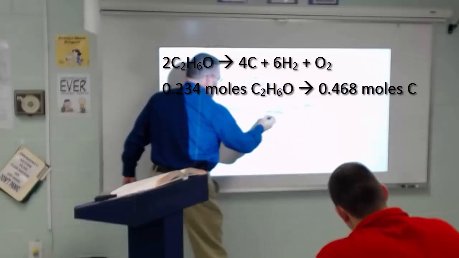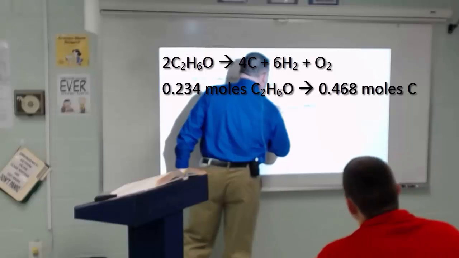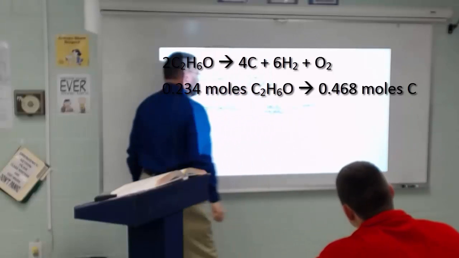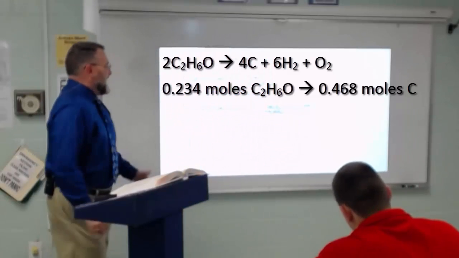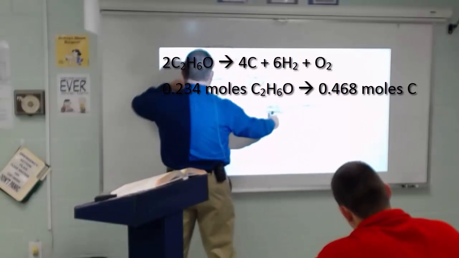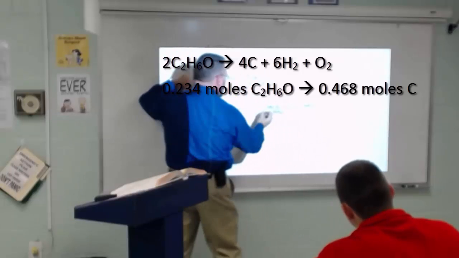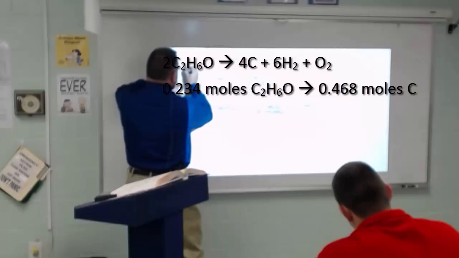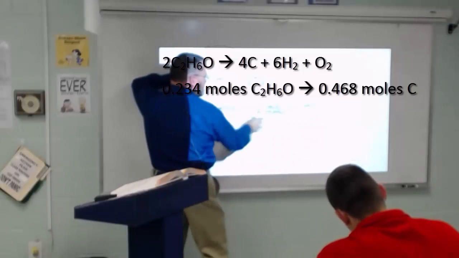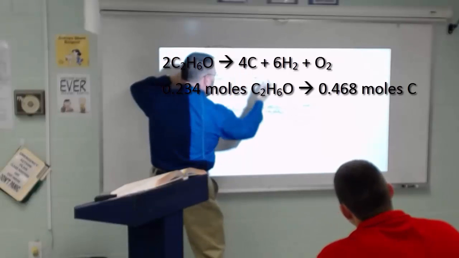I need to lose it in my units, and convert it to moles of carbon so I have it in my numerator, so I have it in my answer. I need some relationship from this equation that relates moles of C2H6O to moles of carbon. Well, the relationship comes from right here: for every 2 moles of C2H6O, it produces 4 moles of carbon.